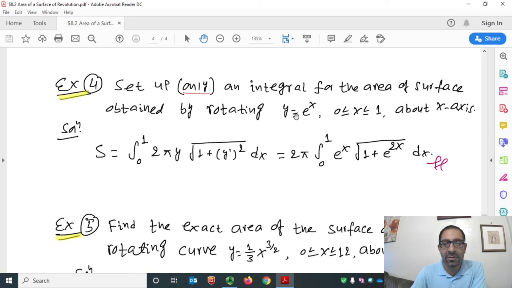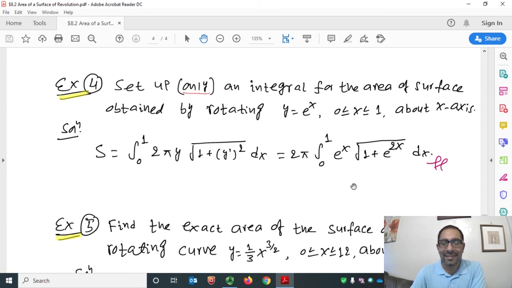We know the derivative of e to the x is itself. So in the next step, 2 pi pulls outside the integral, from 0 to 1. y is e to the x, so e to the x times the radical of 1 plus e to the x squared, that means e to the power 2x, dx. So it only says set up only.